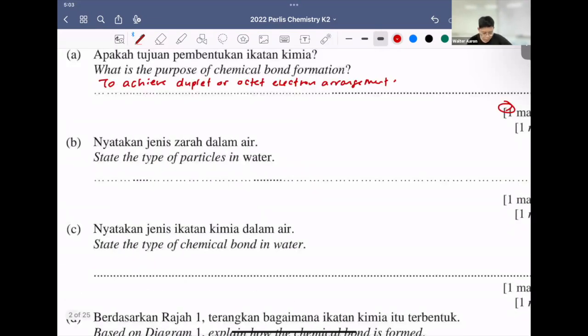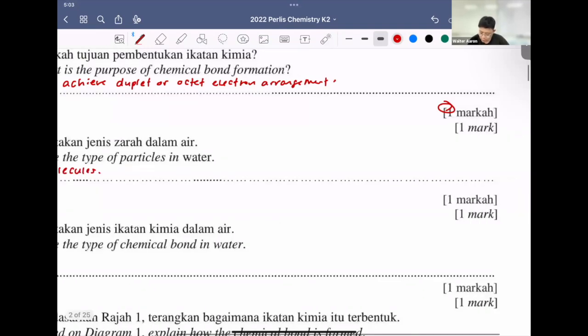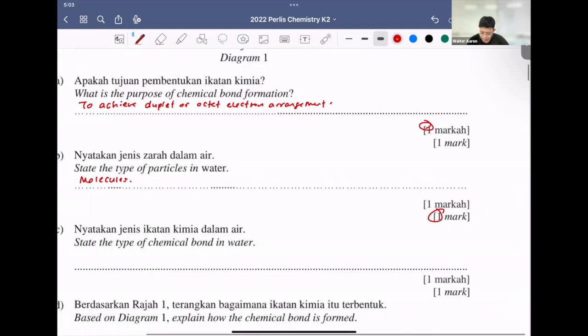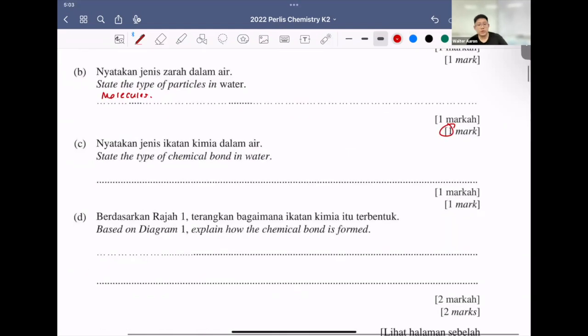B, state the type of particles in water. Usually water forms what we call molecules. So let's put here molecules. The answer is molecules. You get 1 mark from that. State the type of chemical bond in water. If you're talking about the chemical bond in the water itself, there are 2 ways they can say it: either in, or they can use the term between.